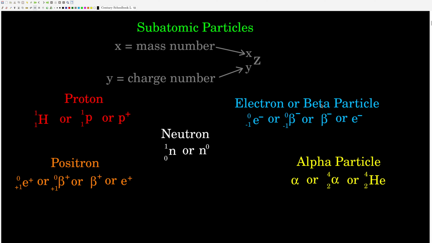And one of the things that a nucleus can do is capture an electron from an orbital and then undergo a nuclear reaction. A positron has a mass number of 0, just like a beta particle or an electron, but a charge number of +1. And an alpha particle has a mass number of 4, charge number of 2. Neutron, mass number of 1, charge number of 0, no charge.